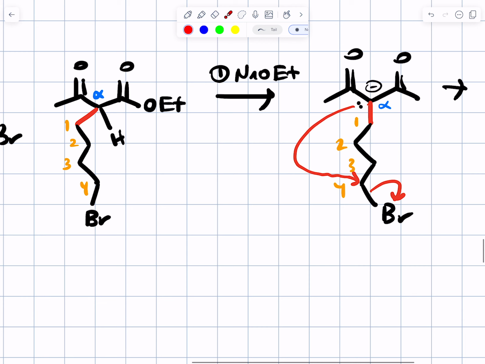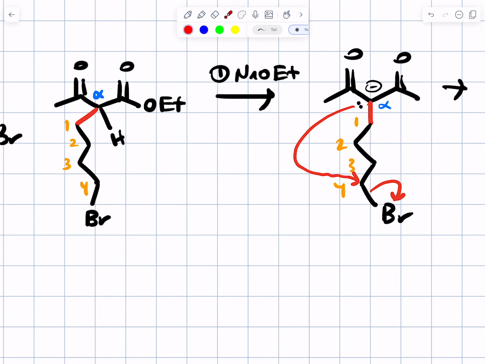Here, the ethoxide could either remove this proton or it could do SN2 chemistry on the bromo. I think the idea is this proton is acidic enough that it intercepts this base before it can do nucleophilic attack. Probably reflecting the fact that acid-base chemistry, proton transfer, is faster than attacking carbons.